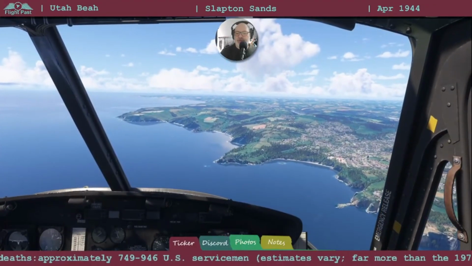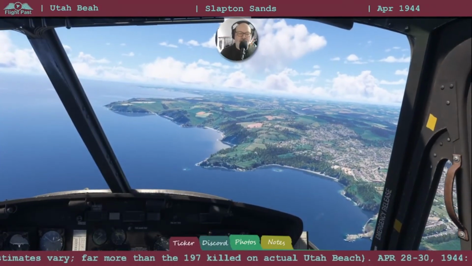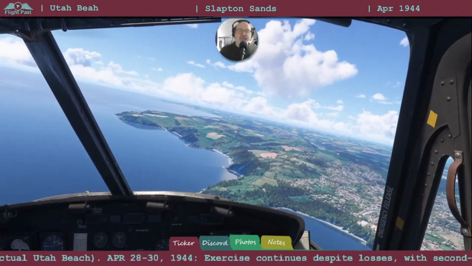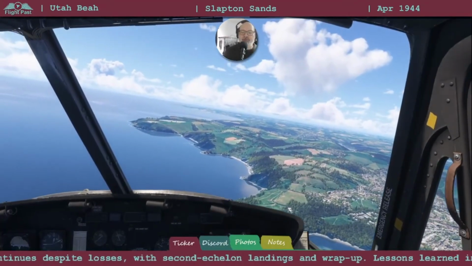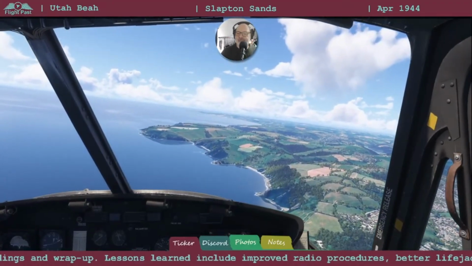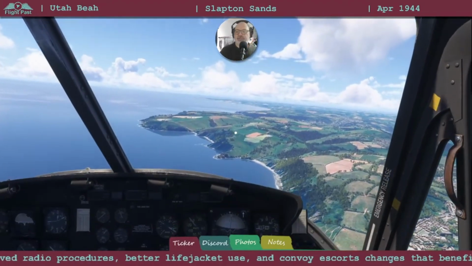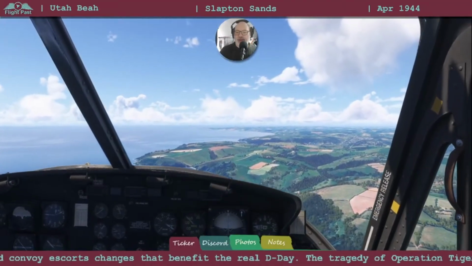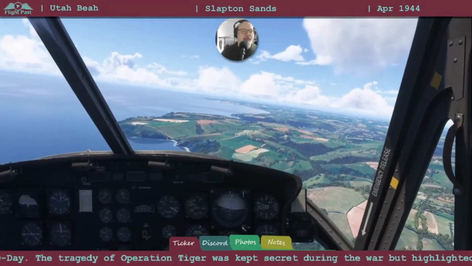This was one that was filled with Army and Navy personnel. It sank very quickly, within 6 minutes, and 424 men were lost. And the remaining LSTs managed to drive off the E-boat attack.